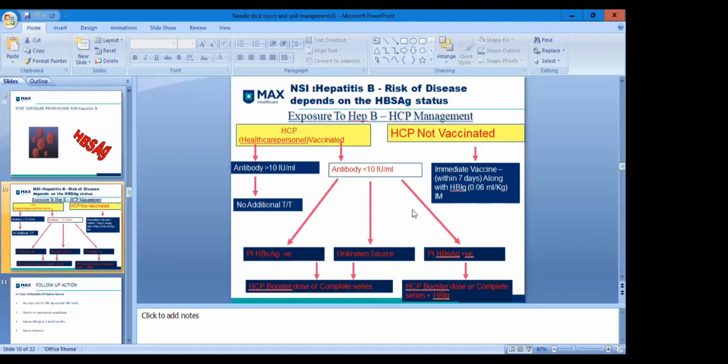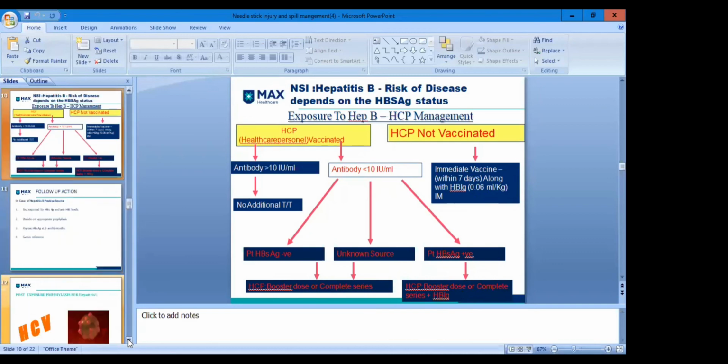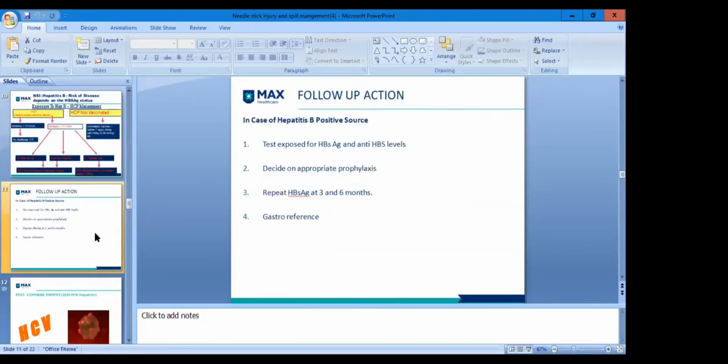If the source patient was positive and the titer was less than 10, along with immunoglobulins we will also give a booster dose.